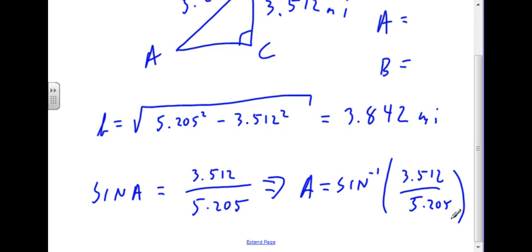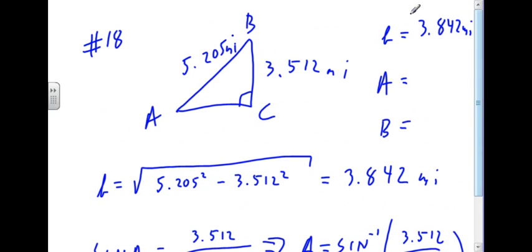And just put in your calculator the right thing. 3.512 divided by 5.205. 42.43, and that's A, 42.43 degrees, and then I'd subtract it from 90. 47.57 degrees.